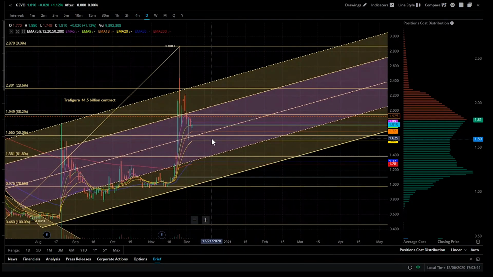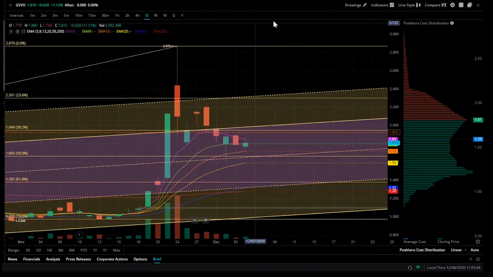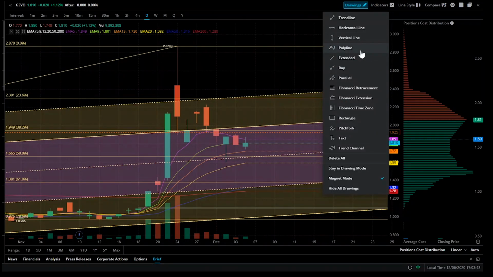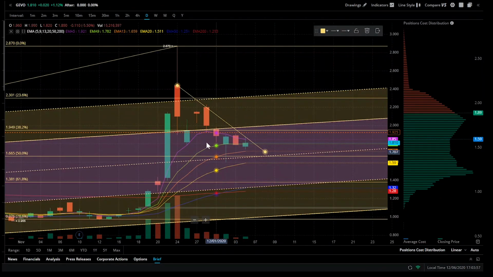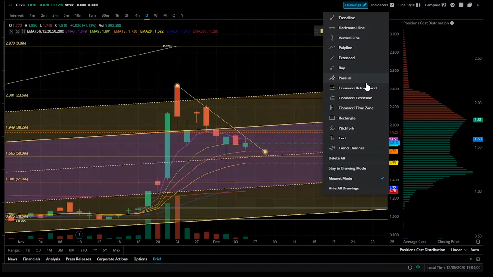The other thing is that we can see here also that we have a falling wedge pattern, right? So if you look here and we draw this one, this is the daily, so it's a little bit inaccurate.